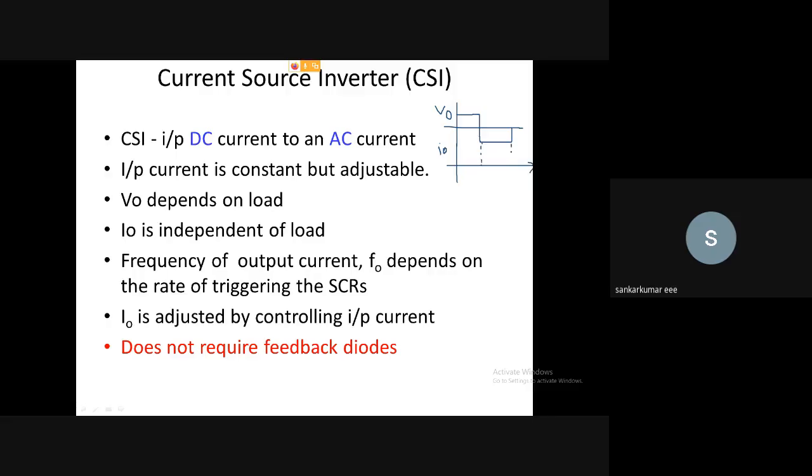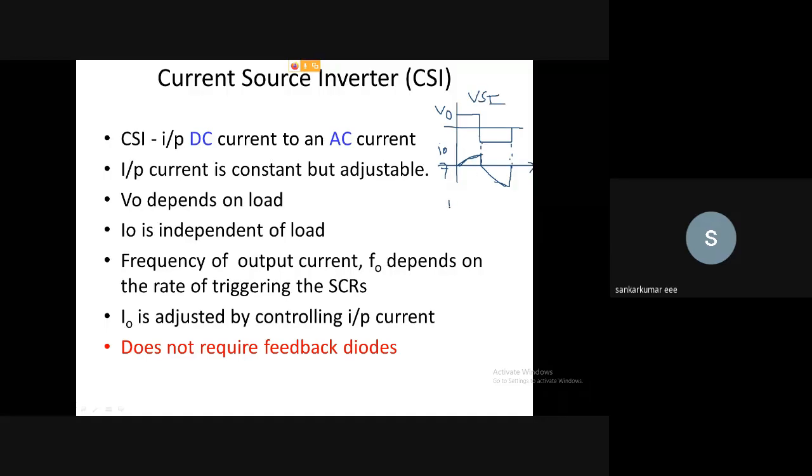If it is an inductive load or an RLC load, the current can be exponentially increasing and then 0, and again exponentially increasing and again 0. So it will be like this. The waveform nature of I naught depends upon the type of load in the case of voltage source inverters.